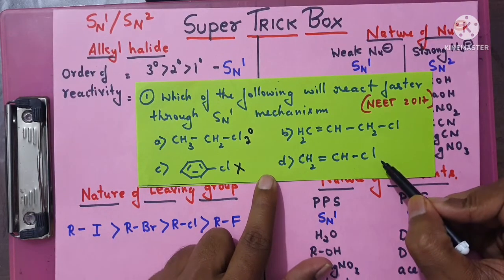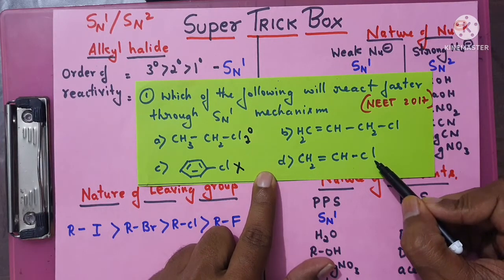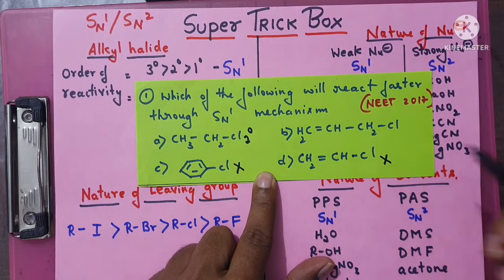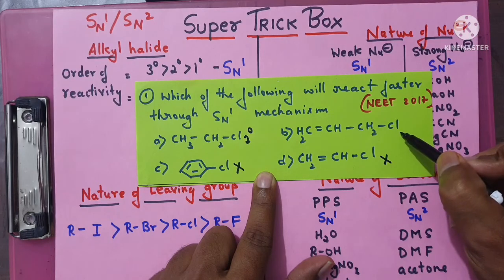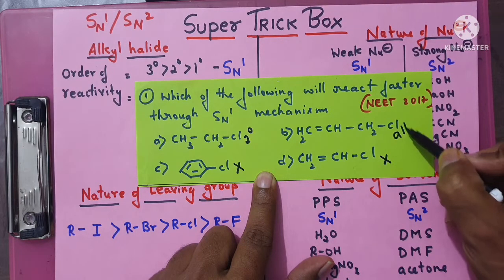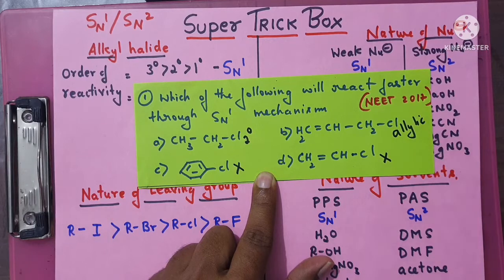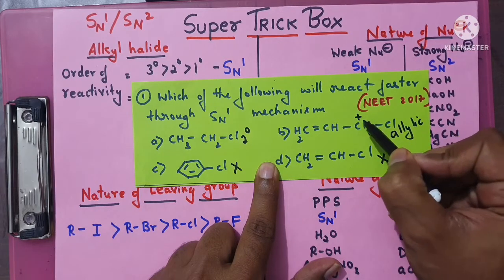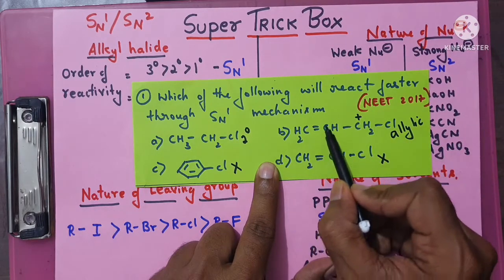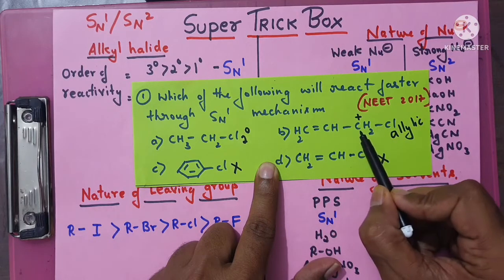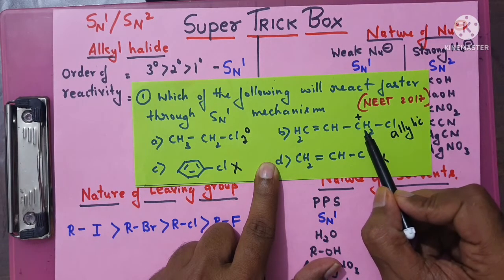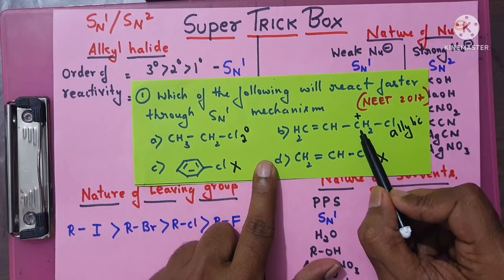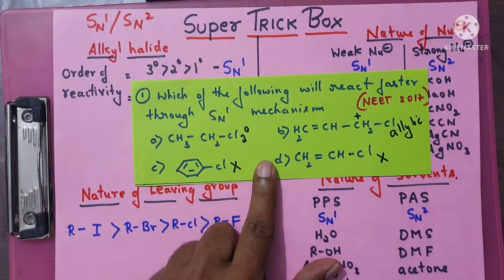This is again an example of a haloarene, which also does not undergo SN1 mechanism. Whereas here it does undergo SN1 mechanism. This is an example of allylic halides. In case of allylic halides, the carbocation will be very near to the carbon atom where there is a resonance effect, due to which this carbocation becomes more stable and shows a faster reaction towards the SN1 mechanism. Therefore, option B is the correct answer.